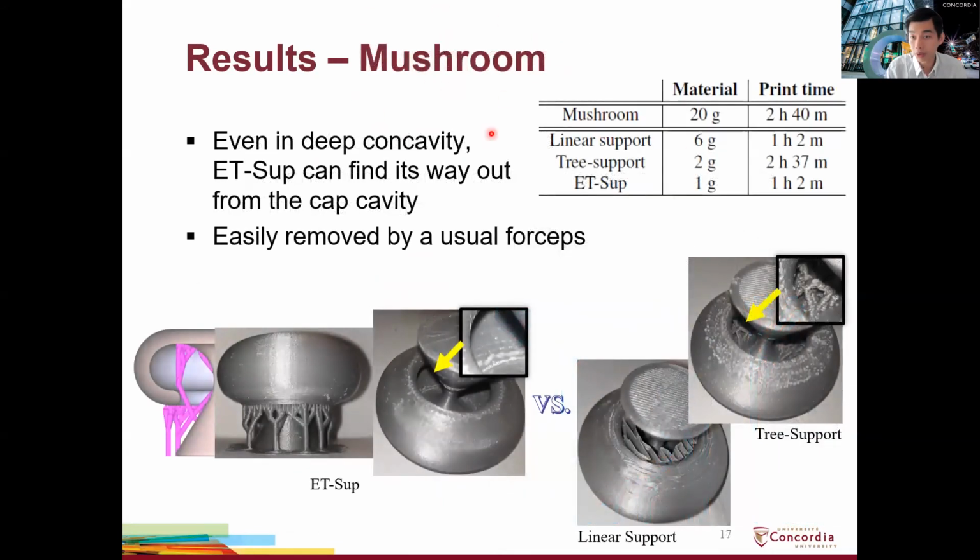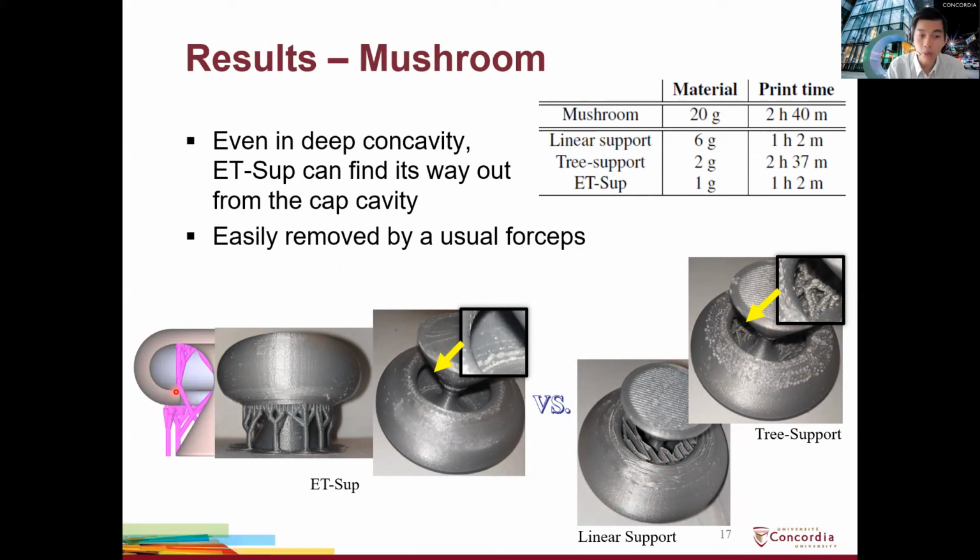The mushroom model shown in the very beginning: remember for the linear support, there's a lot of support trapped here. Also for the tree support, a lot of things cannot be removed inside the cavity. But for the ET support over here, you can see that while it is building, the support goes out and connects with the support on the outside.